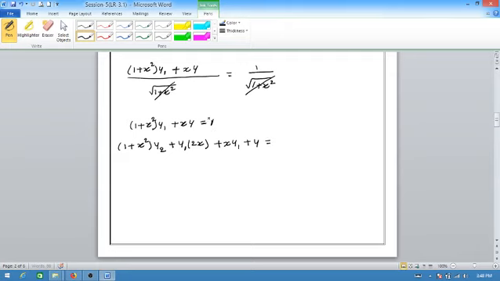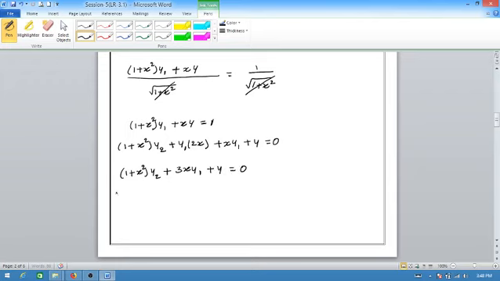That is equal to differentiation of 1, that is constant, which is 0. Now simplify this. 1 plus x square into y2, plus 2x into y1 plus x into y1 is 3x into y1, plus y is equal to 0.